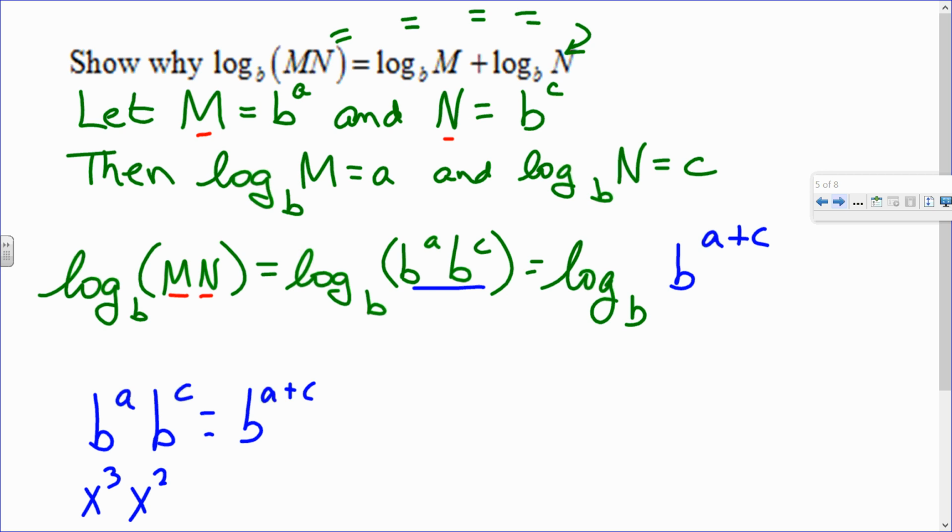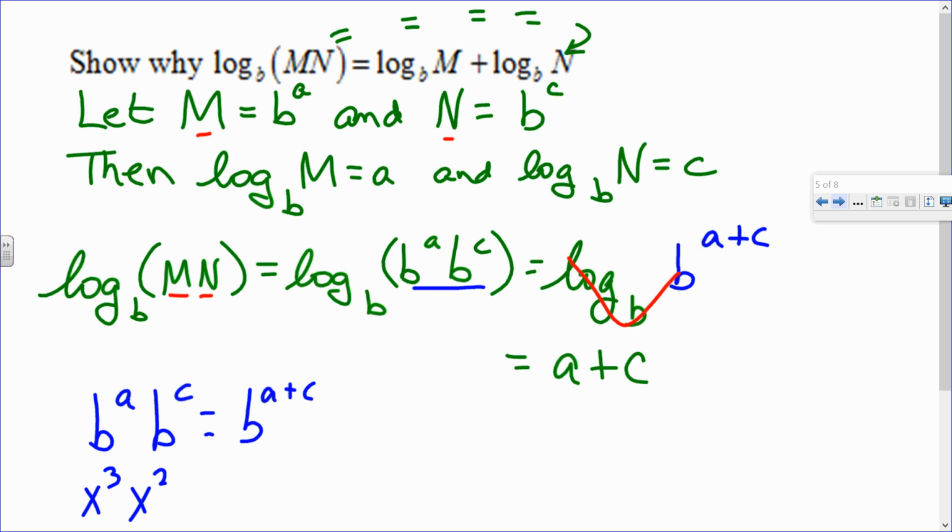That makes sense to everybody. Now, what were you thinking at first? Once I have just one thing in there, log base b of b cancels out, and this is indeed equal to a plus c.